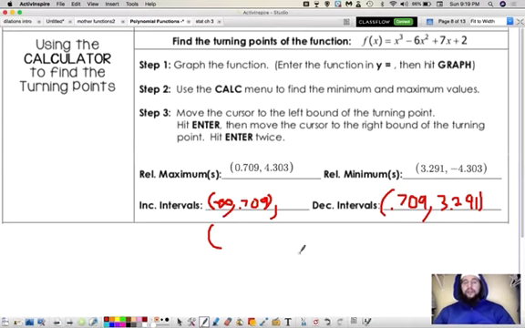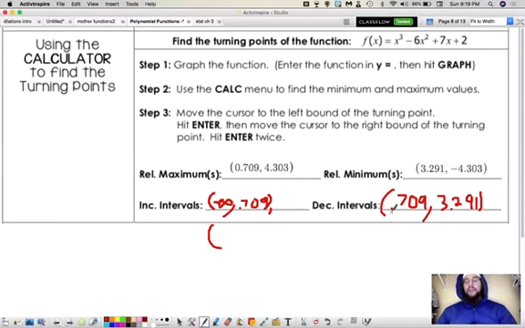You might see the union symbol pop back up here, but I'm going to go with commas to separate our intervals of increasing and decreasing. If you really want to use the union symbol, feel free. But in your first year of college, in my math lab, you better read very carefully, because if you put a comma and it wants a union symbol, it's going to mark it wrong.